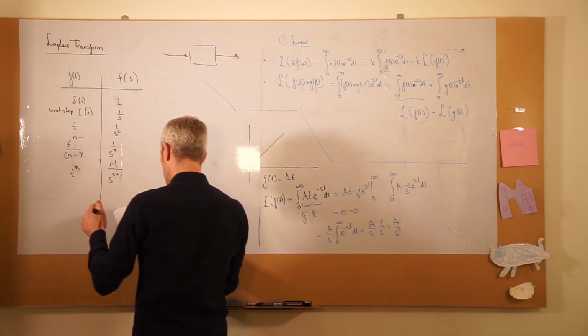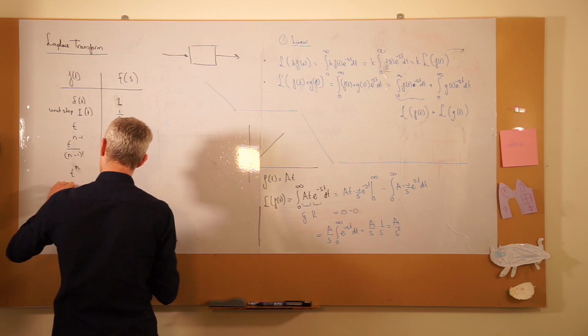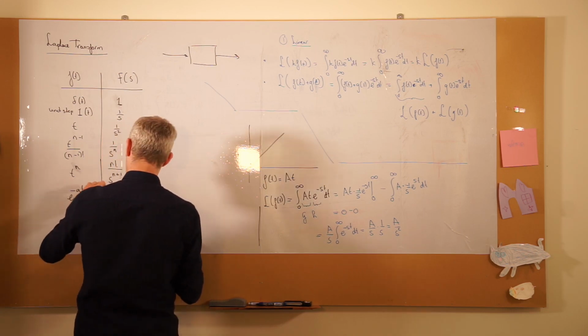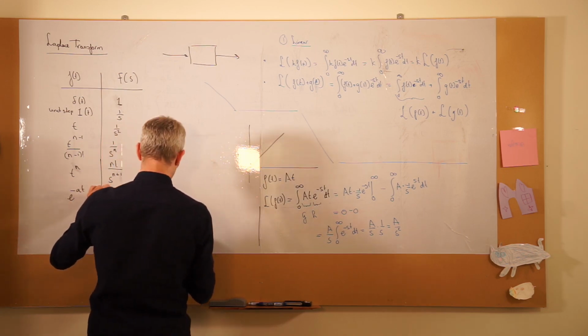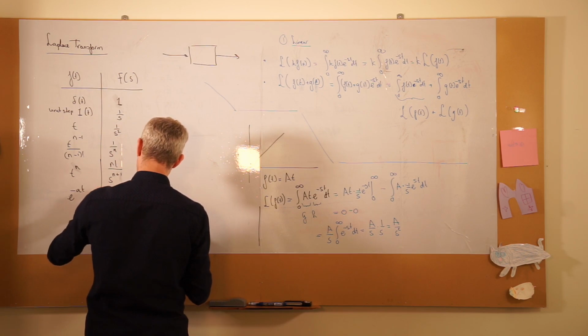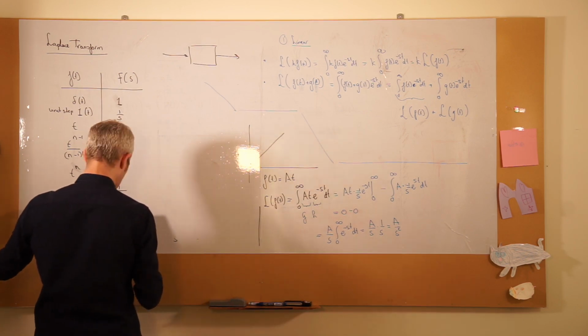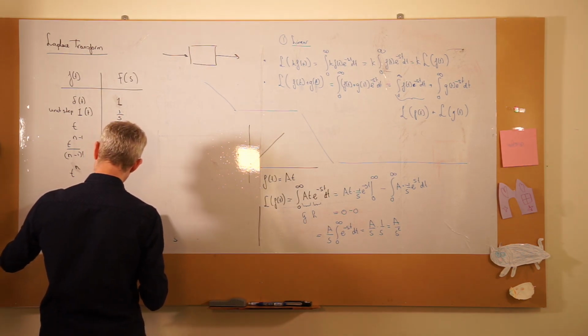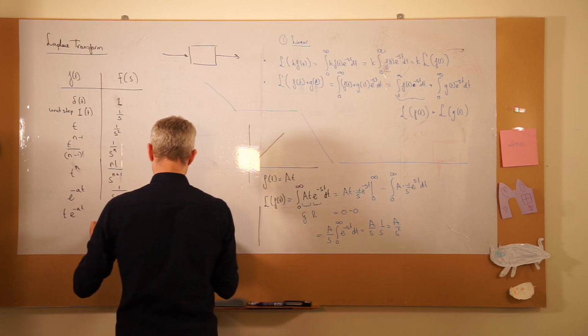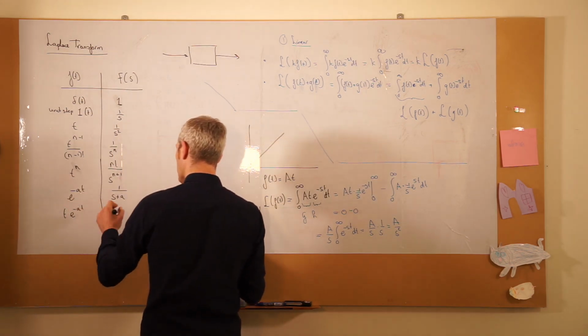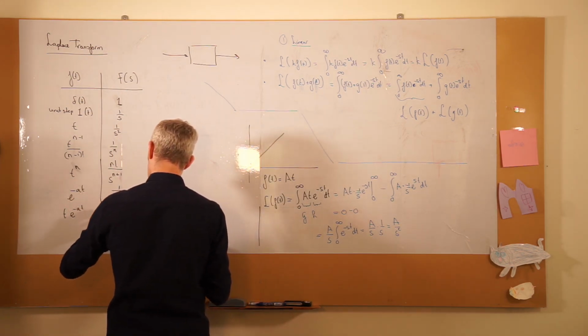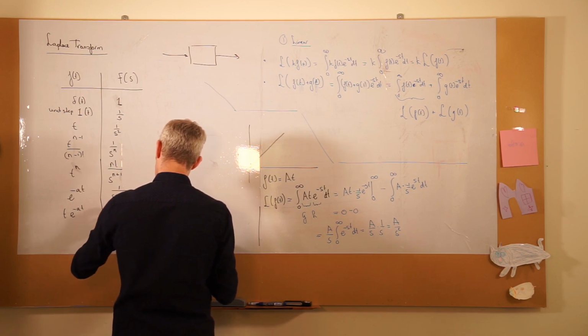The exponentials are really important here. e to the power of minus at. The transform is 1 over s plus a, and t e to the power of minus at is equal to, well, the Laplace transform is 1 over (s plus a) squared.